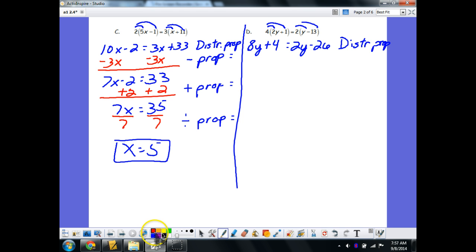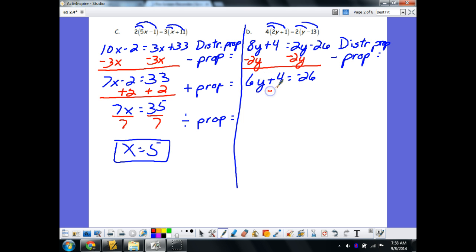Now to get the y's on the same side, 8y minus the 2y would leave me with a positive value, so I'm going to move the 2y. And that is the subtraction property of equality, because we're subtracting the same thing from both sides. So when we subtract that, we have 6y plus 4 is equal to negative 26.